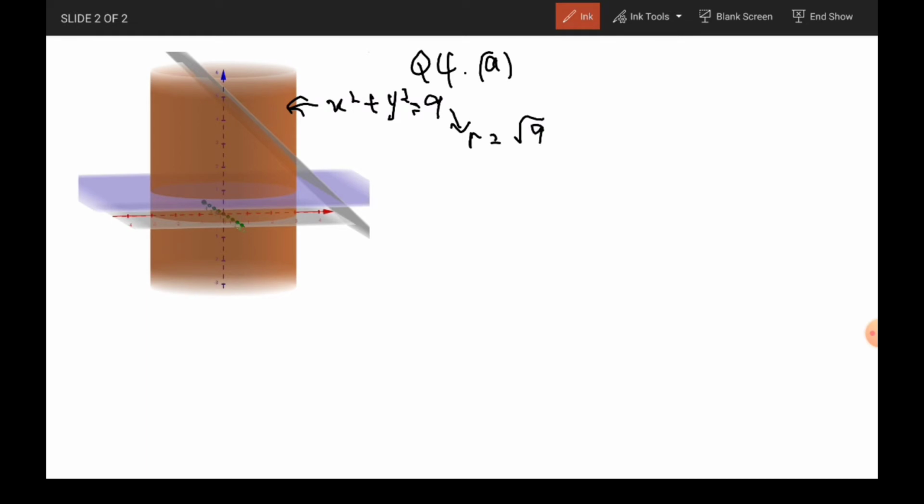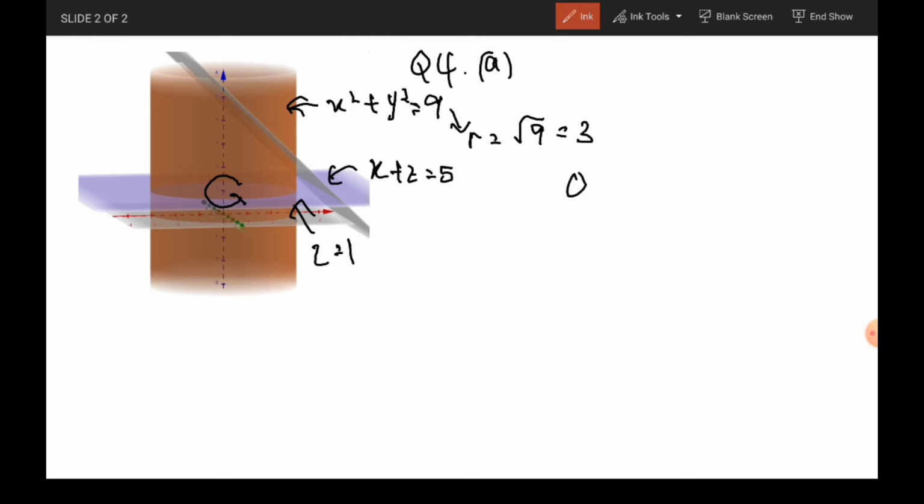Then we know that the circle has radius square root 9, which is 3. Then also a plane, with equation x plus z equals 5, and a purple plane, which is z equals 1.